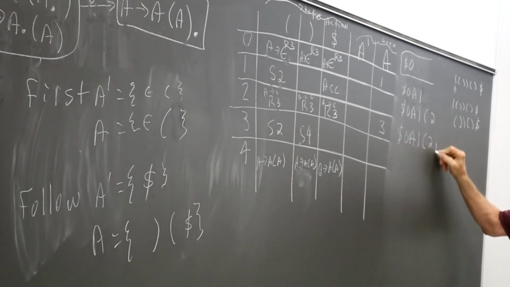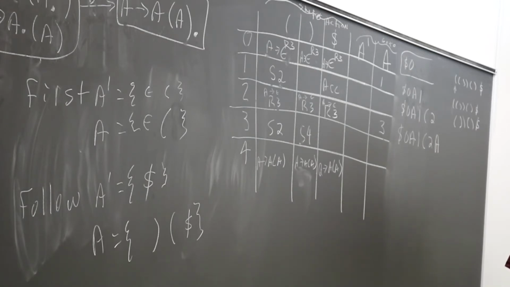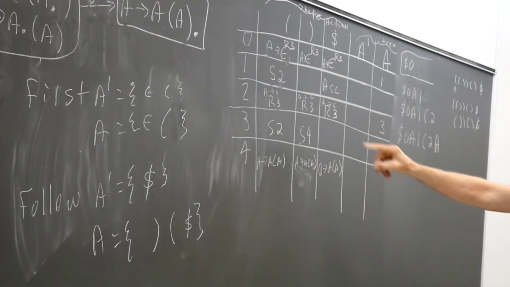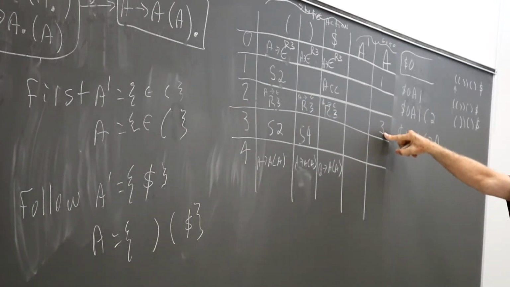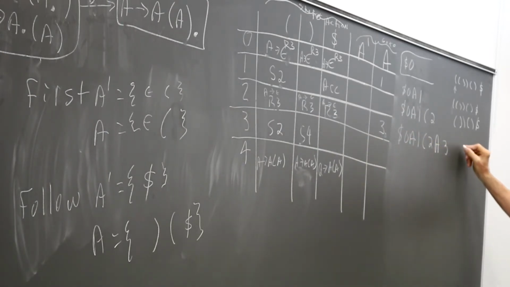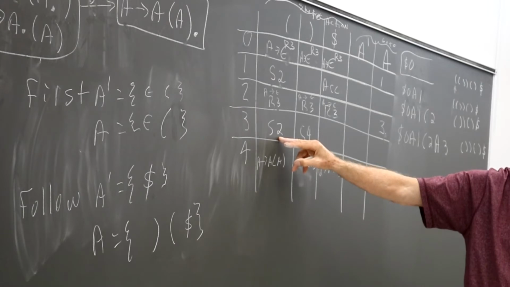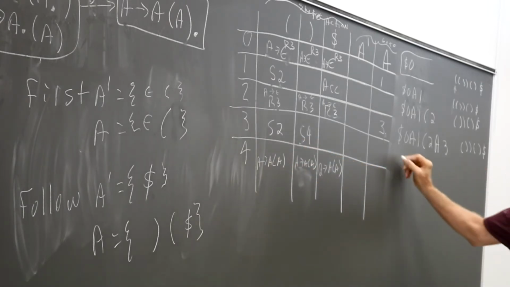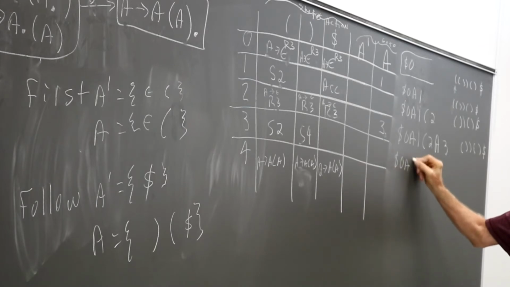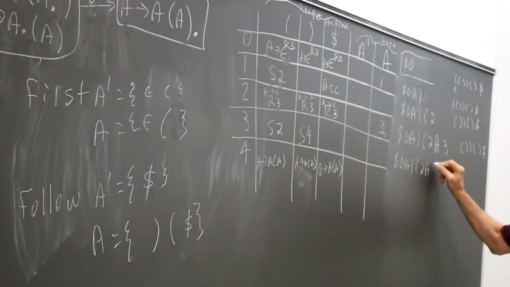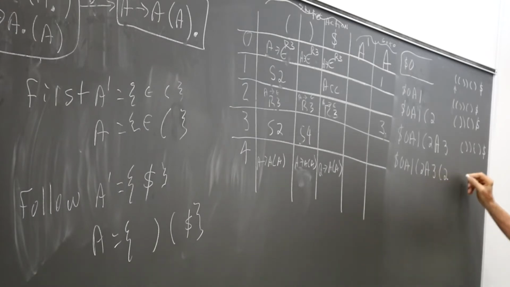A. Pop it, push it. Shift 2A, paren, dollar. Okay? 3 left paren. Shift 2. $0 A1 paren 2 A3 shift 2.